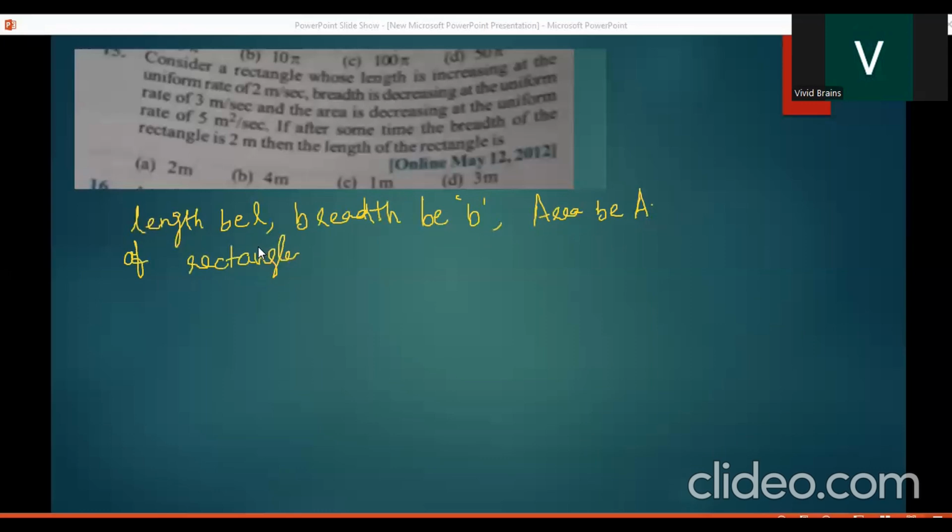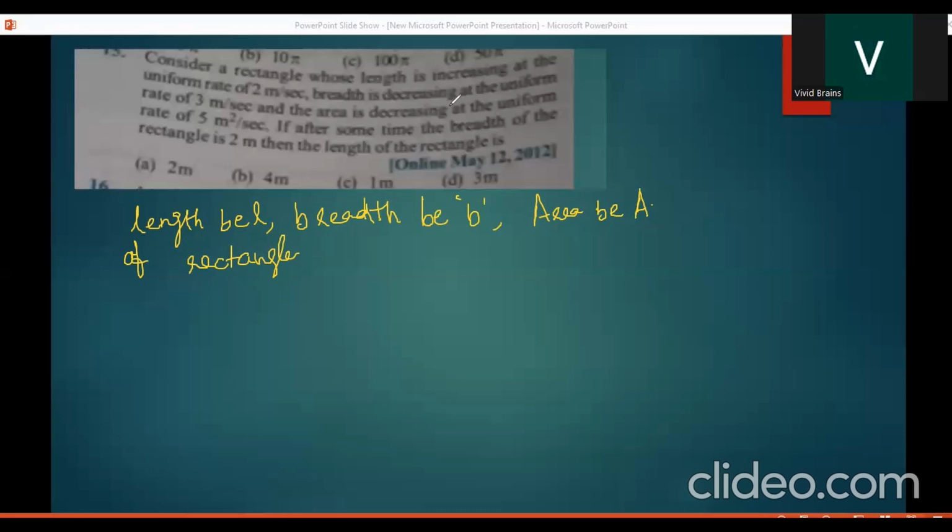Here, what is given first? The length is increasing. Increasing is always going to be positive when you take the rate with respect to time. When it is decreasing, it is going to be negative. These 2 points should be kept in mind.